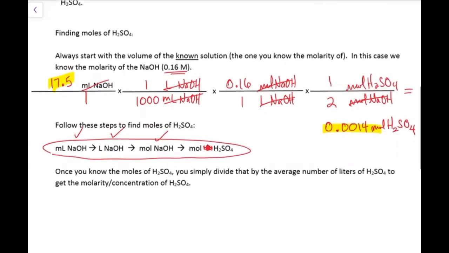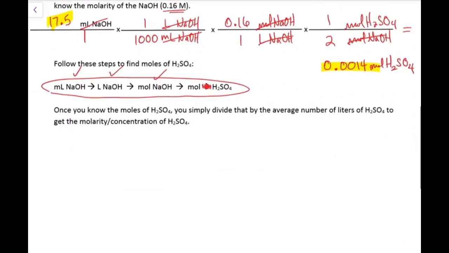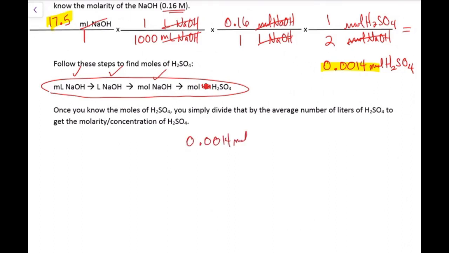And then the last step, very simply, it says once we know the moles, we're going to take moles. So again, I'm using my number, you should use yours. And we're going to divide it by the liters of H2SO4. Now remember, and I'll do this off to the side, I had 8 milliliters, so of course to go to liters we're just going to divide by 1,000, right?